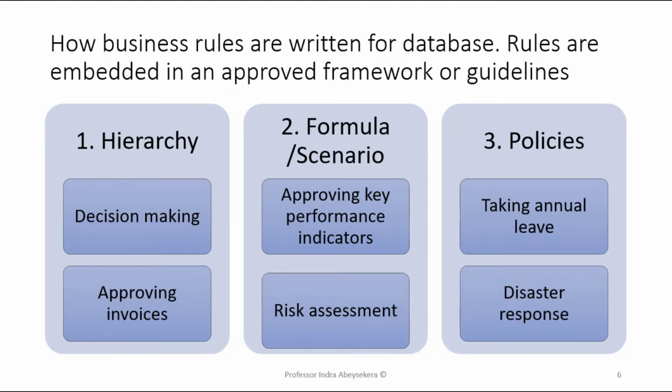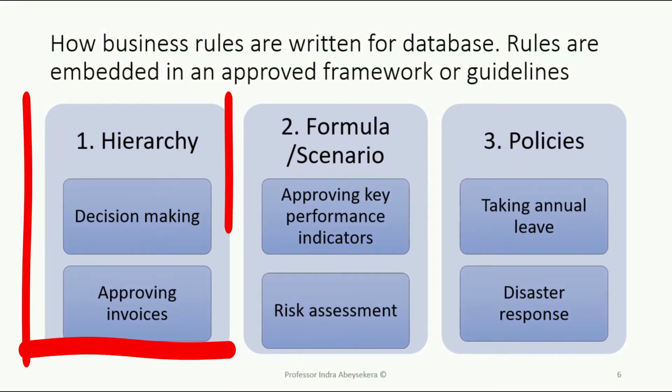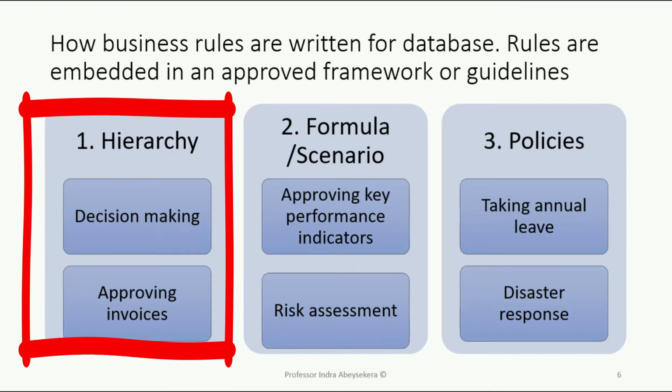The first one is the hierarchical rule. For example, when invoices come for approval, it will ask various levels of officers and managers for approval. And the same goes with decision making for purchases and sales.